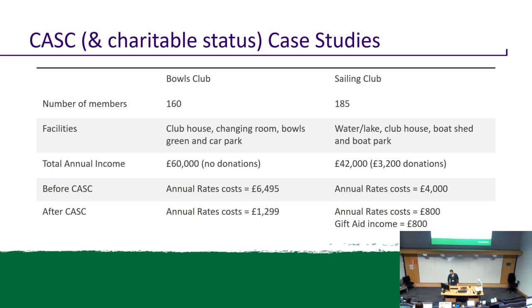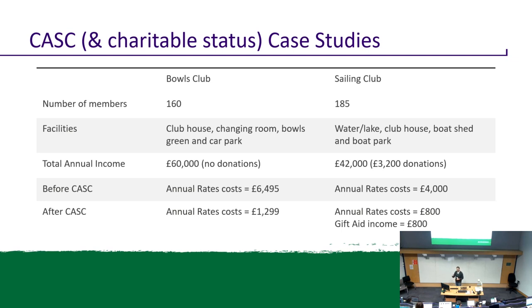Okay. So then on the other hand, we've got our sailing club. That is 185 members. Our facilities, we've got our clubhouse, boat shed, boat park. Total income of £42,000, £3,200 of which is donations. And that's important because we can claim the gift aid on it.